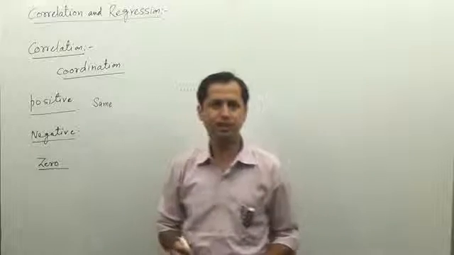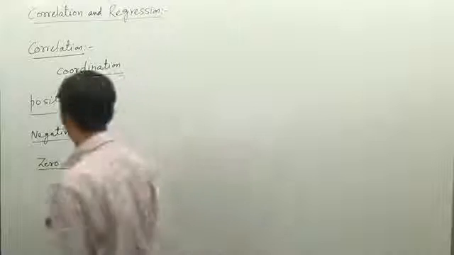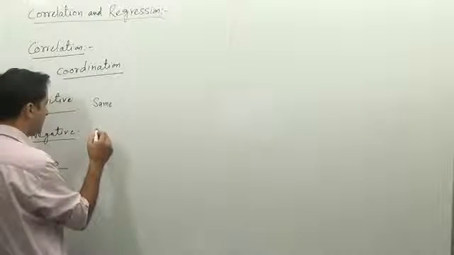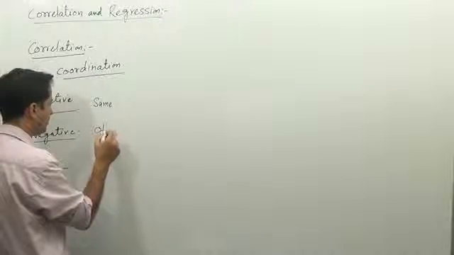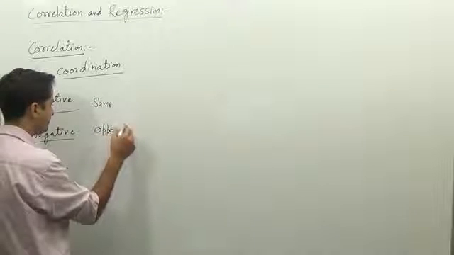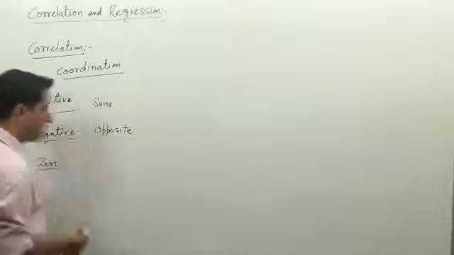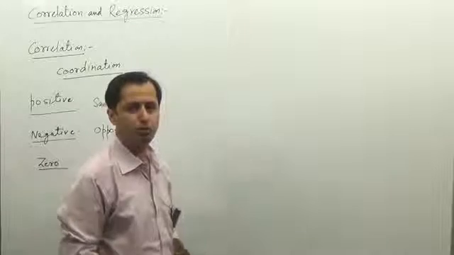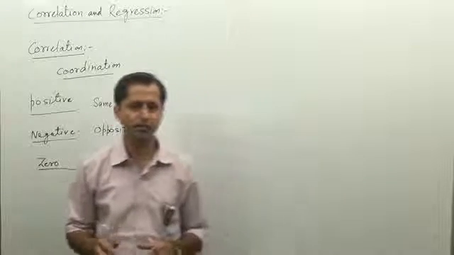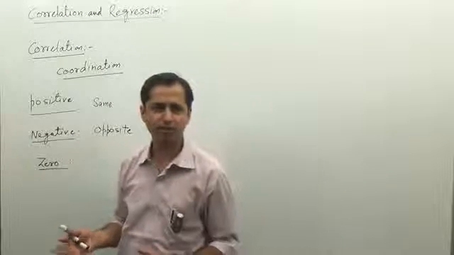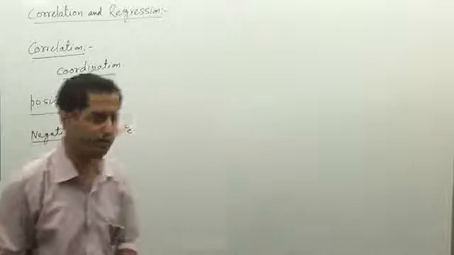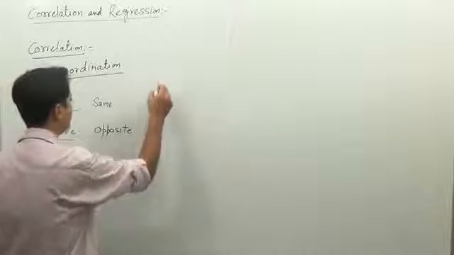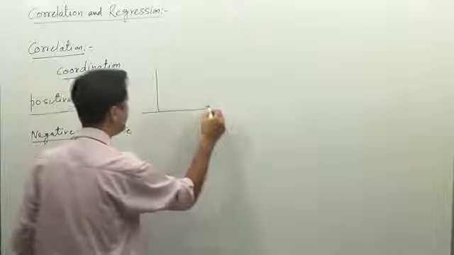And if these values vary in opposite direction always, then we call it a negative correlation. And if there is no coordination between these two values, then we call that a zero correlation.